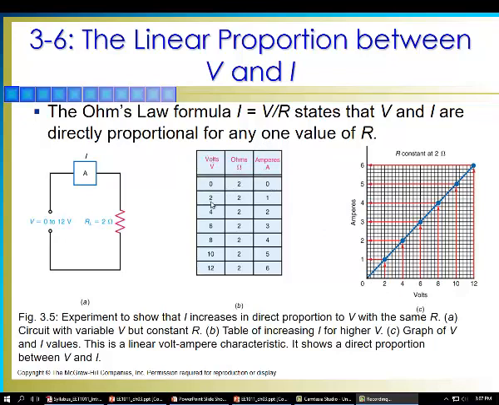The voltage is 2, the resistance is 2, so the current will be 1. 2 divided by 2 equals 1, 4 divided by 2 equals 2, 6 divided by 2 equals 3, and so on. As you can see, the voltage goes up, the current goes up, because they're directly proportional.